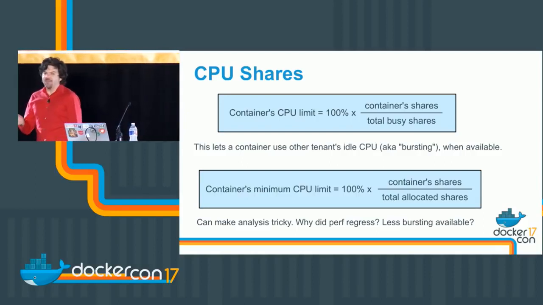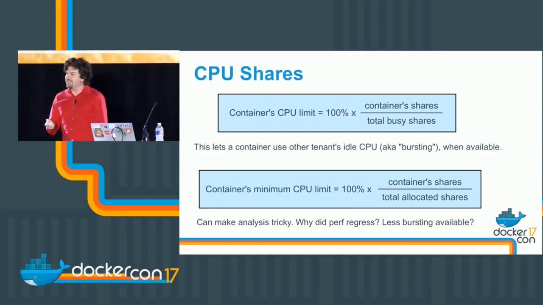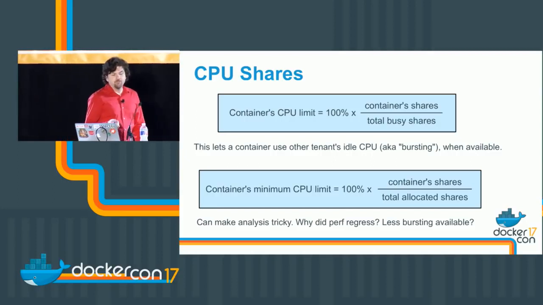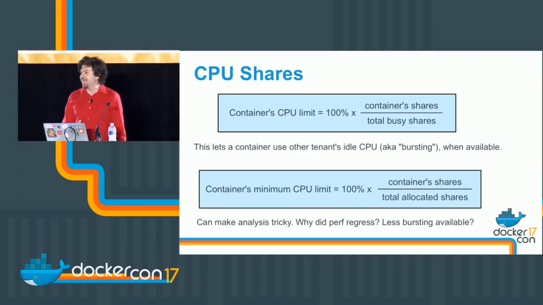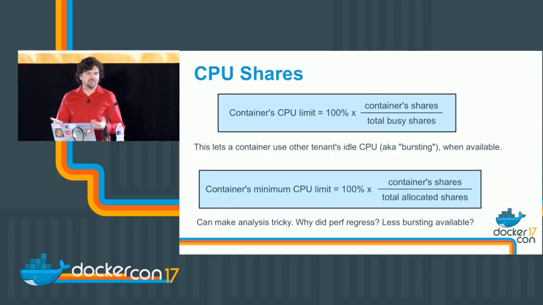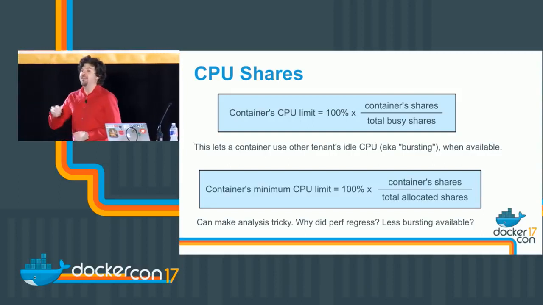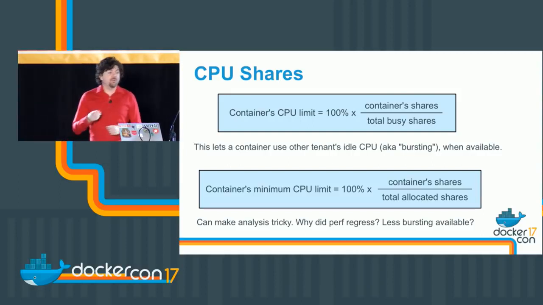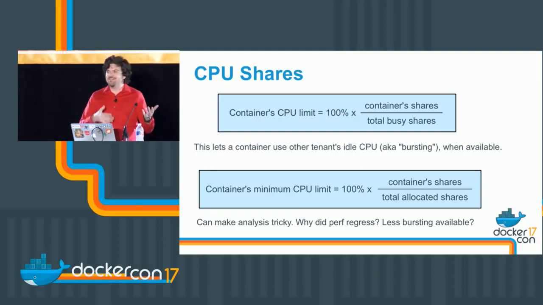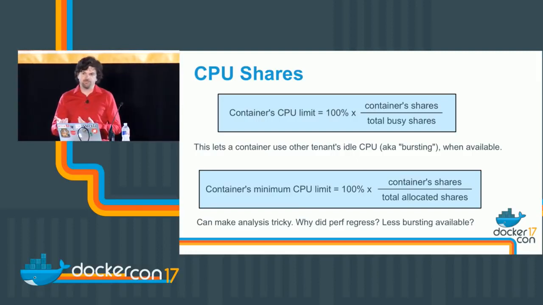Another way to think about this is what is the minimum guaranteed CPU that you might get? And that would be your container shares divided by the total allocated shares. That's worst case. That's when every container is busy. Where I think this gets tricky is what if another tenant moves in? What if another tenant who's been there for a while now consumes more CPU?